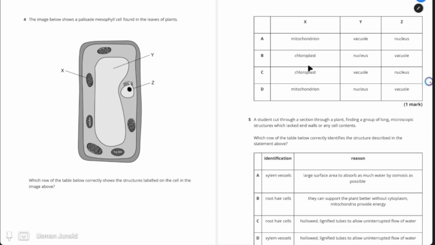Chloroplast. Yes. So it's either B or C. So what is Y? What is this large thing that we said right now? Vacuole. Yes. So what is the option? C. Option C. Okay.